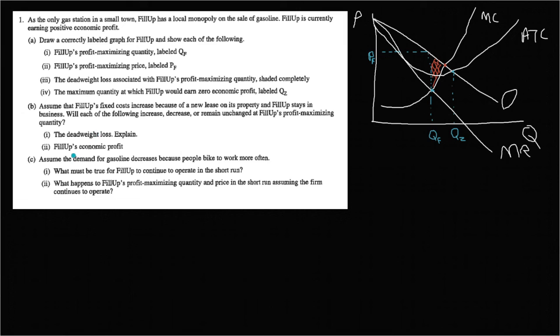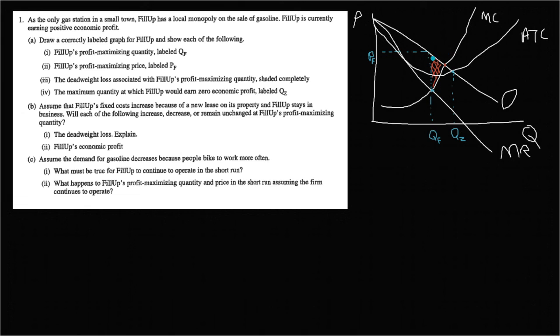Alright. Which of the following will increase or decrease? Assume that the fixed costs increase. Well, the deadweight loss is dependent on the marginal revenue and the marginal cost curve.